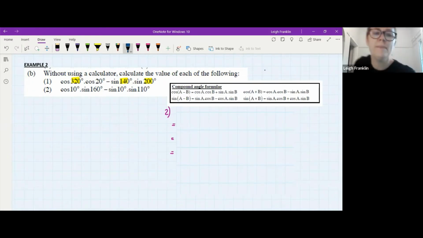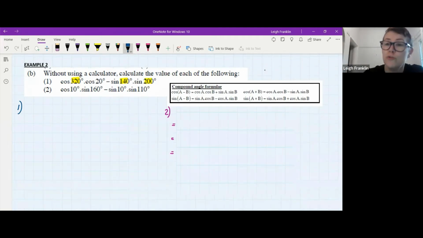In number one, cos 320 is in quadrant 4, so we would use 360 minus. We don't have to write that. That would leave us with the positive cos of 40 degrees. That's what you have to write. You don't have to write 360 minus 40 and then cos 40. Times cos 20.